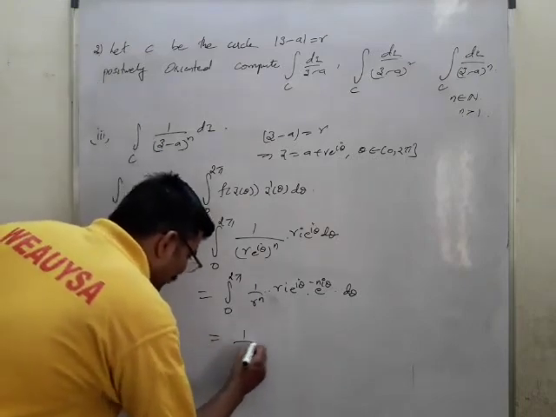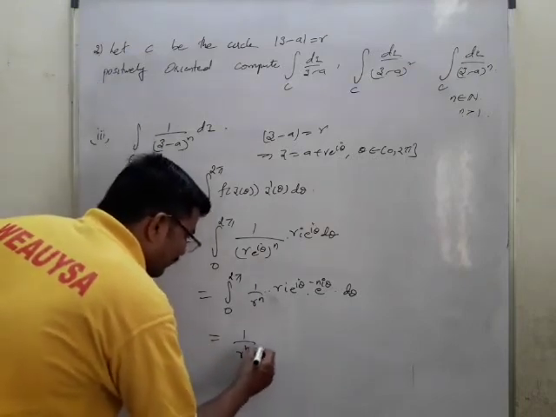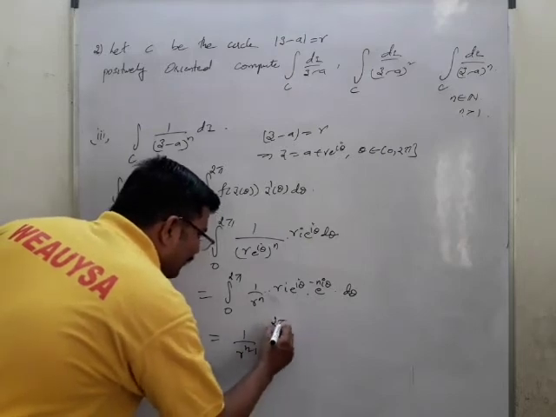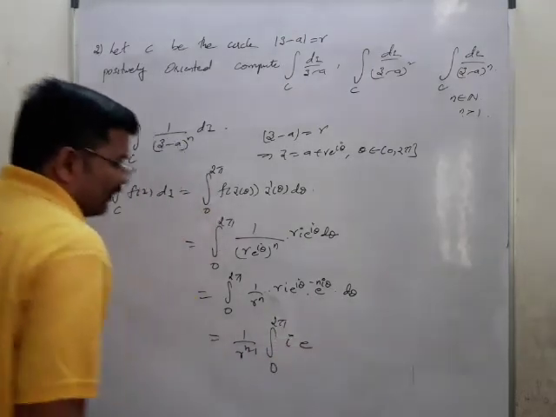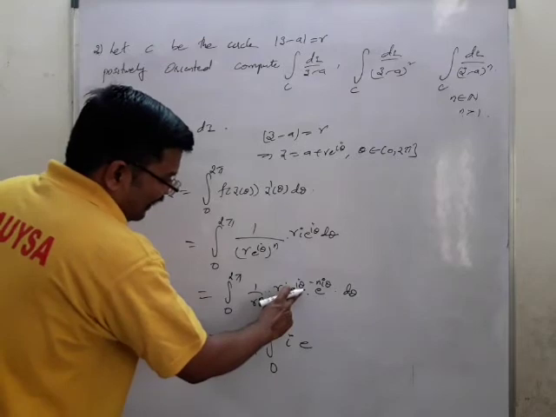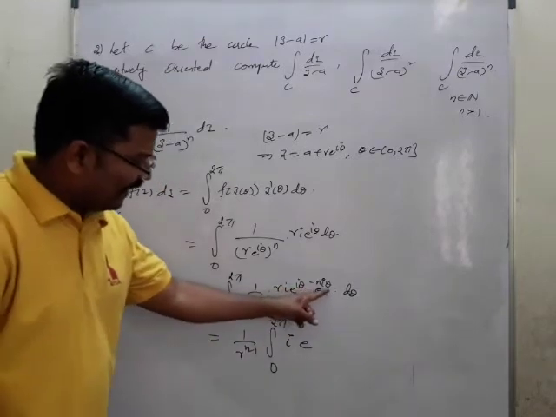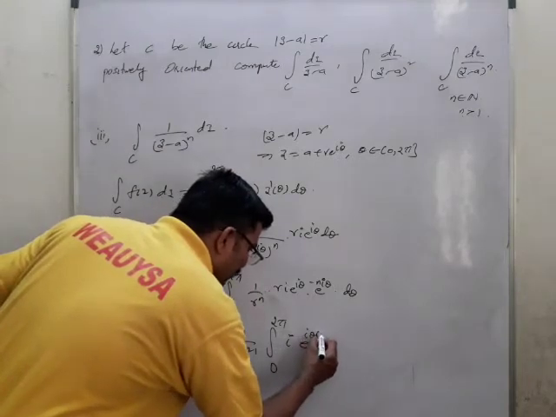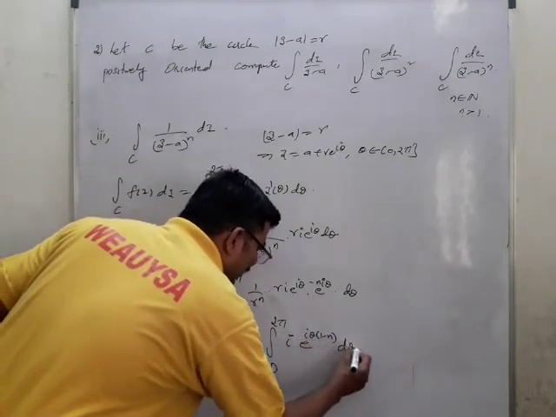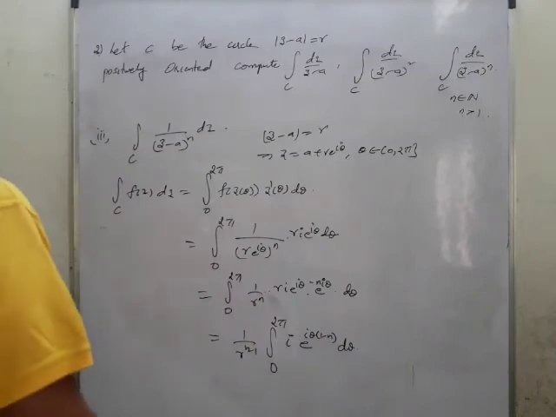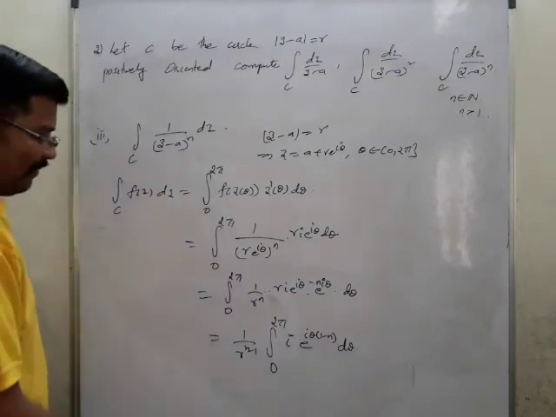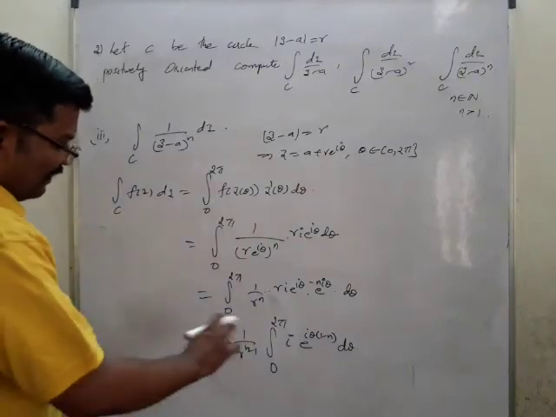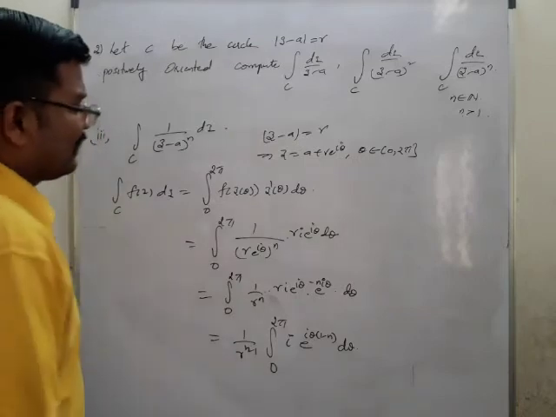So 1 by r power n minus 1, integral 0 to 2 pi of i into e power minus n i theta times e power i theta. I may write i theta common, as 1 minus n d theta. I got e power i theta (1 minus n), this is nothing but in the form of like this.